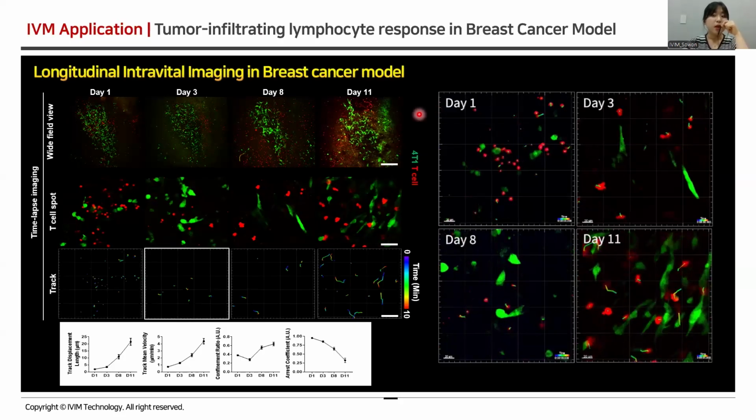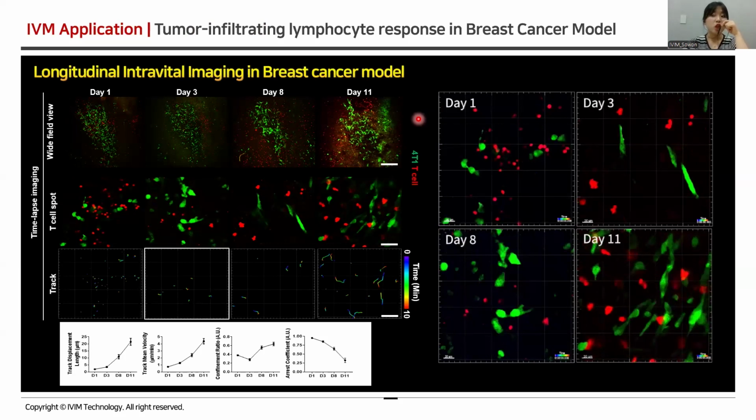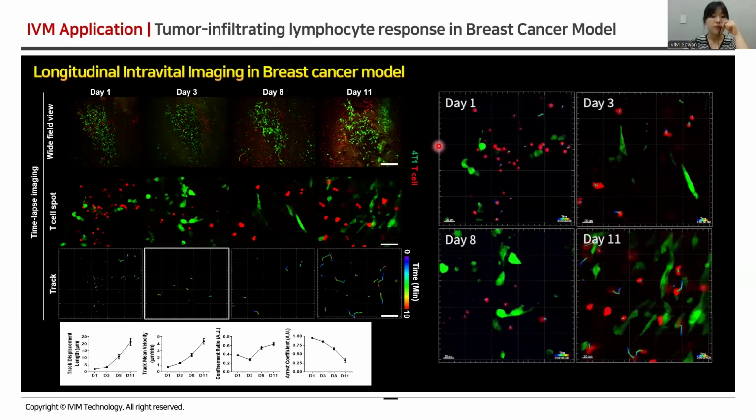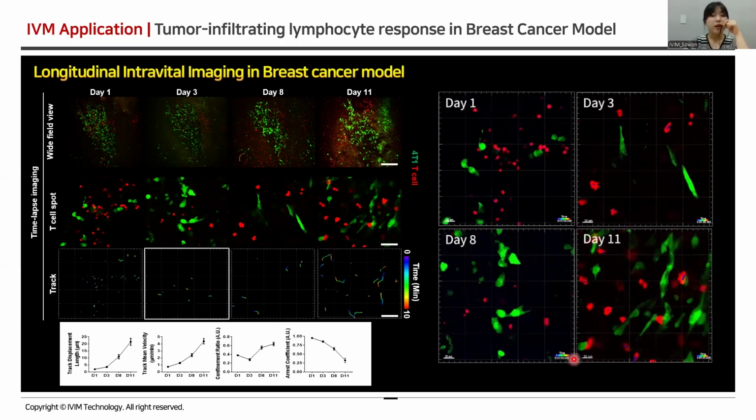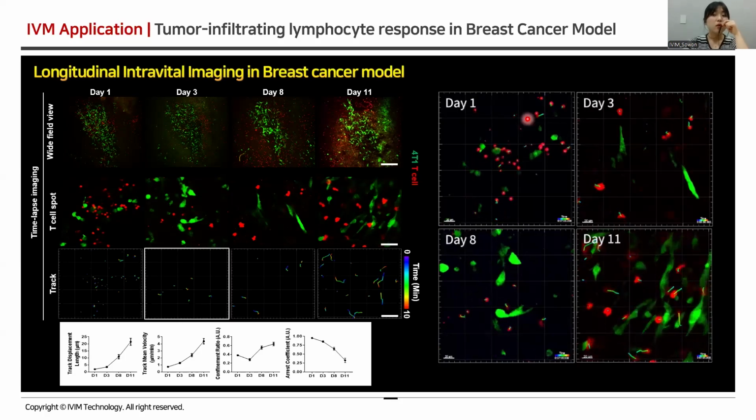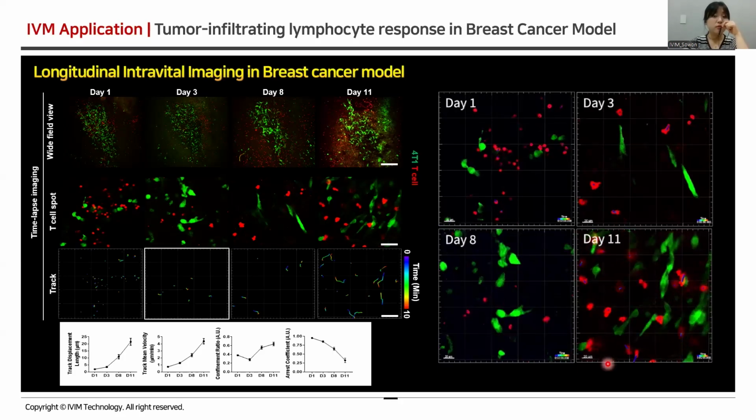To mimic adoptive T-cell therapy, we injected fluorescently labeled T cells into the system. Using in vivo microscopy, we then tracked and visualized the activation state of TILs over time, specifically at day 1, 3, 8, and 11 after injection.